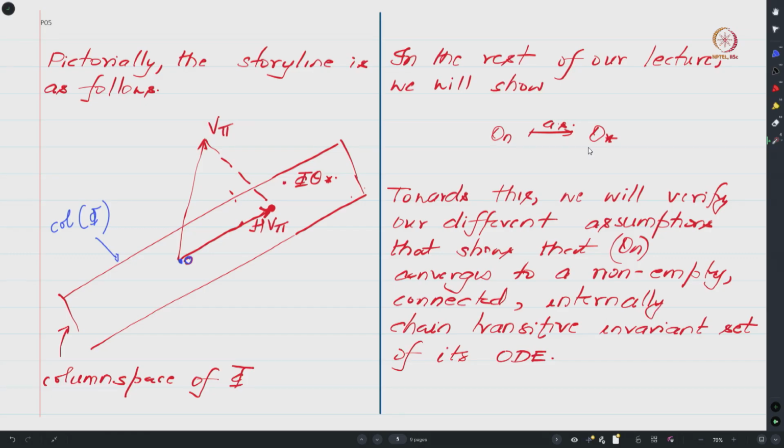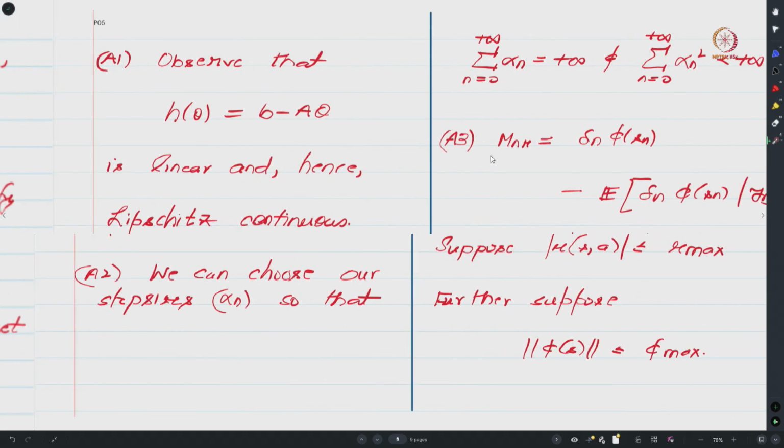If you recall, if we verify certain assumptions, we would be able to conclude that the stochastic approximation iterates converge to a non-empty, connected, internally chain transitive compact set of its limiting ODE. So we are going to verify these assumptions and then use this conclusion to show that theta n indeed converges to theta star almost surely.